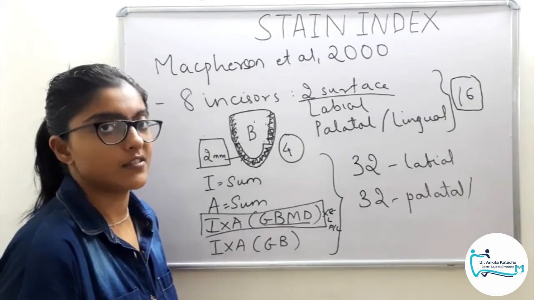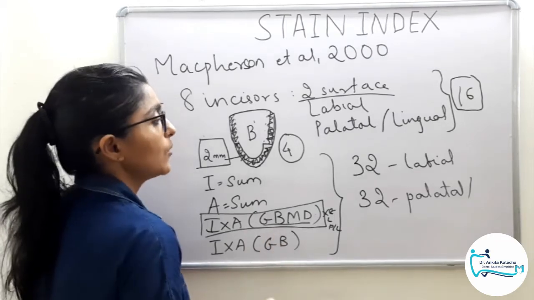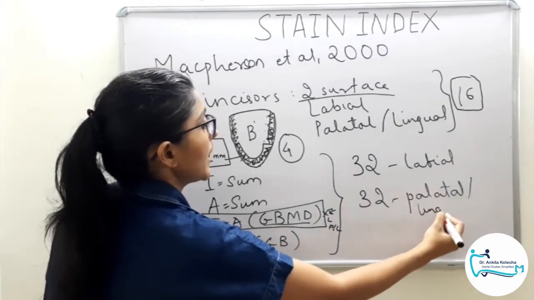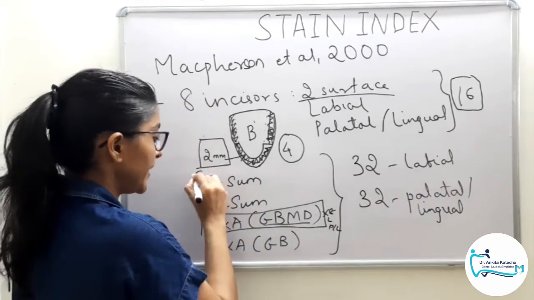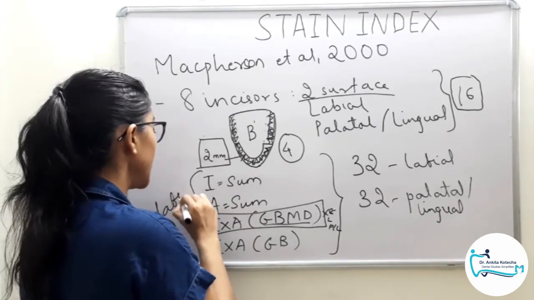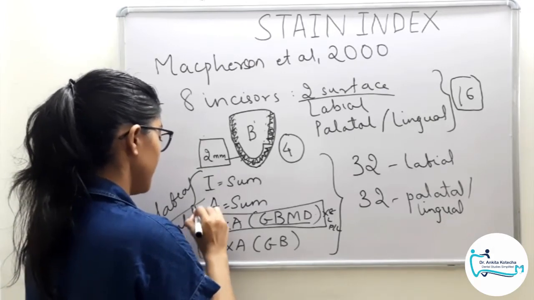They are interpreted separately, and that is why they have different scoring criteria for both of them. So we have 32 labial surfaces and 32 palatal or lingual surfaces, and hence these scores will be individually achieved for this set of score for labial surfaces and for palatal or lingual surfaces.